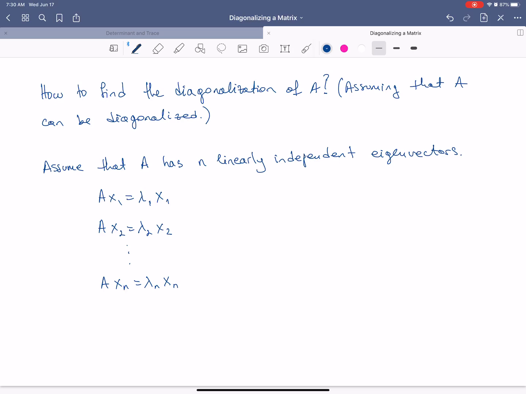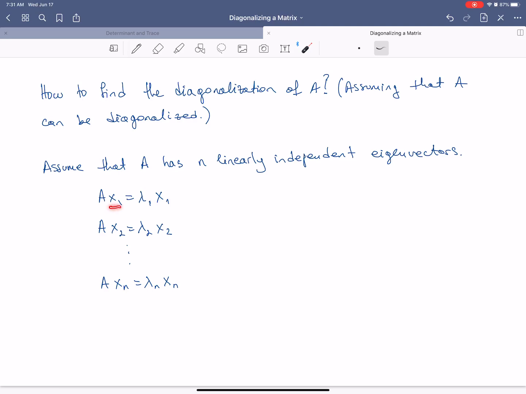Now, how can I represent all of this in just one multiplication? So remember, x is a column vector here. When you multiply A times x, you get another column vector.